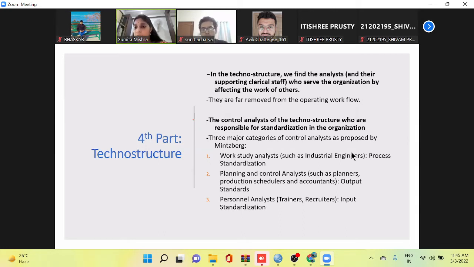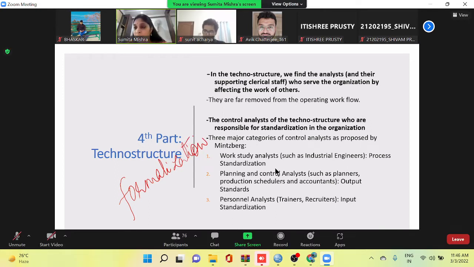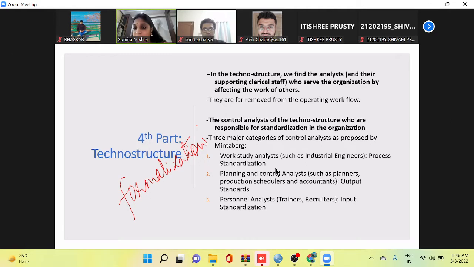Now, let's decode it. In the previous classes, when we discussed structure, I had spoken tremendously of this word called formalization. Formalization is the second structural dimension. And what does it mean? It means standardization. Now, have you ever asked yourself the question, who is responsible for standardization within an organization? Don't automatically assume that it is the strategic apex.